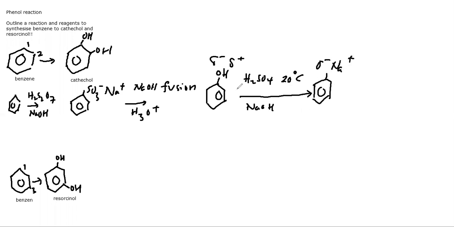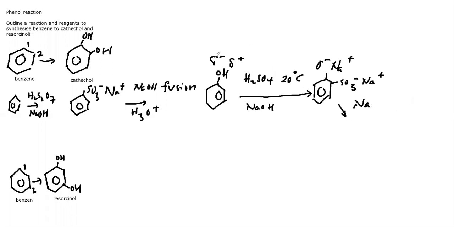Then we'll have SO3 minus and Na plus here. SO3 comes from H2SO4, which is the oxidizing agent. And then we add NaOH fusion. Let me repeat one more time so we can get it clear.